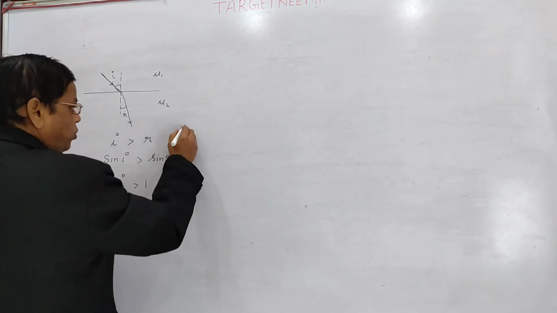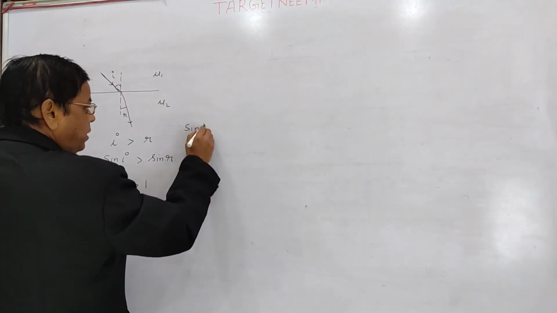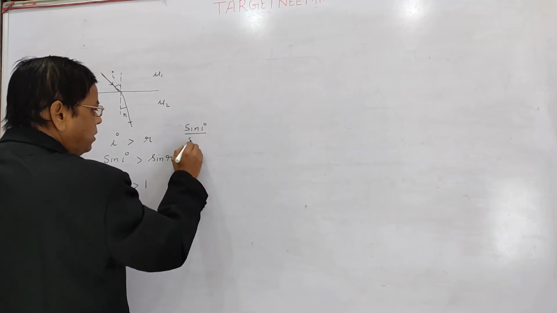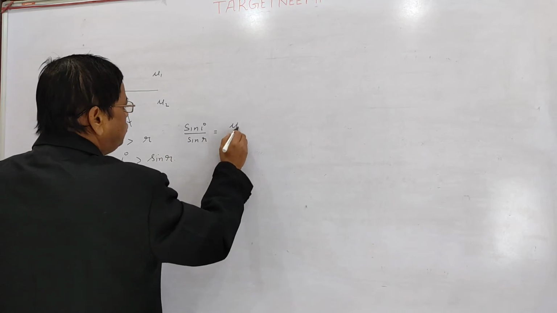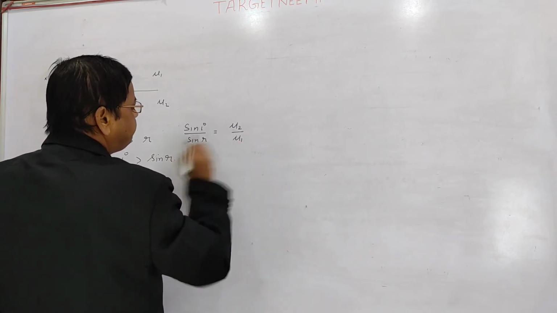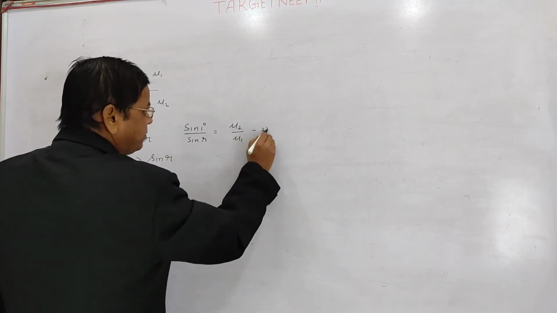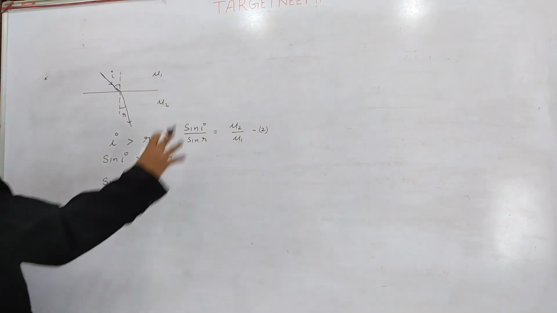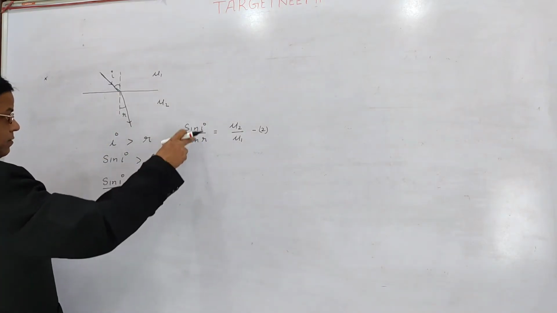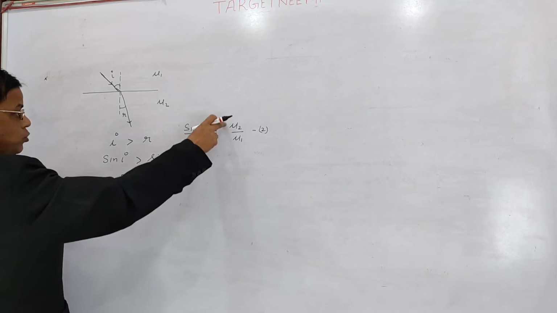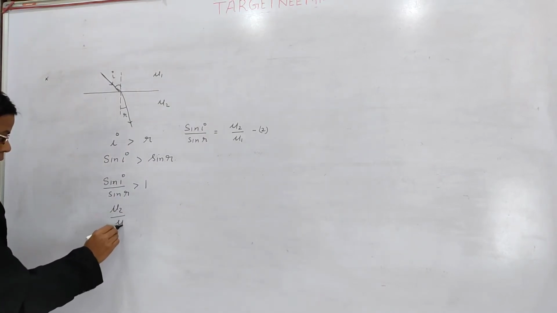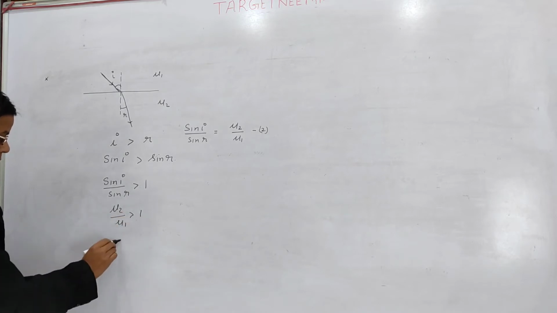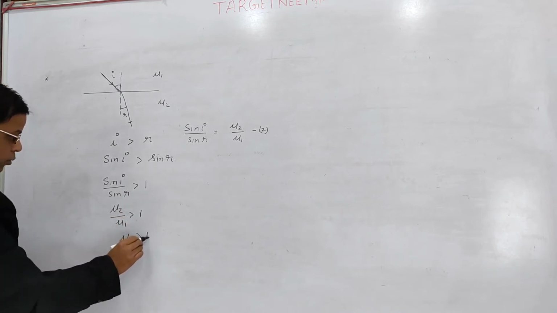Now from Snell's law, sine I upon sine R is mu2 upon mu1. So in place of sine I upon sine R, we can write mu2 upon mu1. So mu2 upon mu1 is greater than 1. So mu2 is greater than mu1.